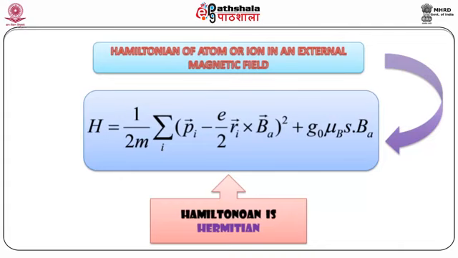Note that the vector potential A is equal to minus half of r cross B_a. So the kinetic part of this Hamiltonian contains the vector potential also, which basically modifies the original kinetic energy of the atom or ion in the absence of magnetic field. And the vector potential satisfies the very well known equation, which you might have studied in your electromagnetic theory: B_a is equal to del cross A and del dot A equal to 0.